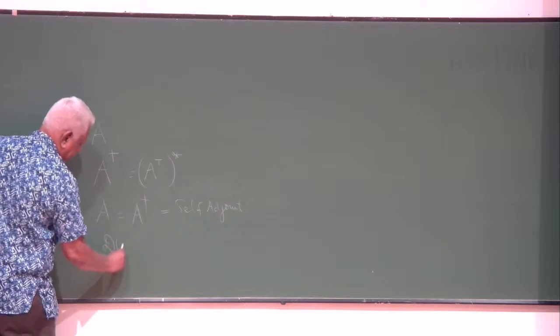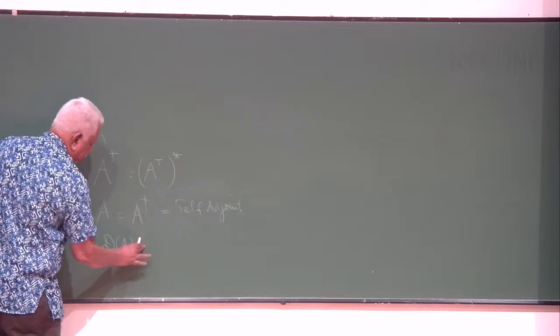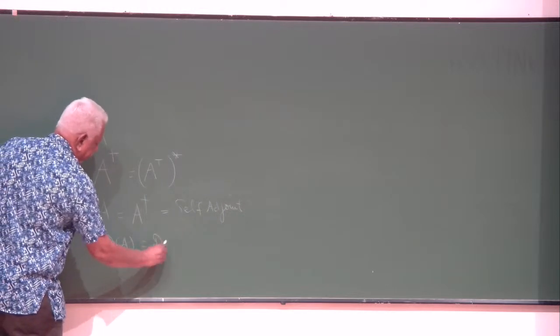For infinite dimensional matrices, where you have all these problems, one more condition is needed to say it is self-adjoint. That condition is that the domain of the operator A should be equal to the domain of the operator A dagger.